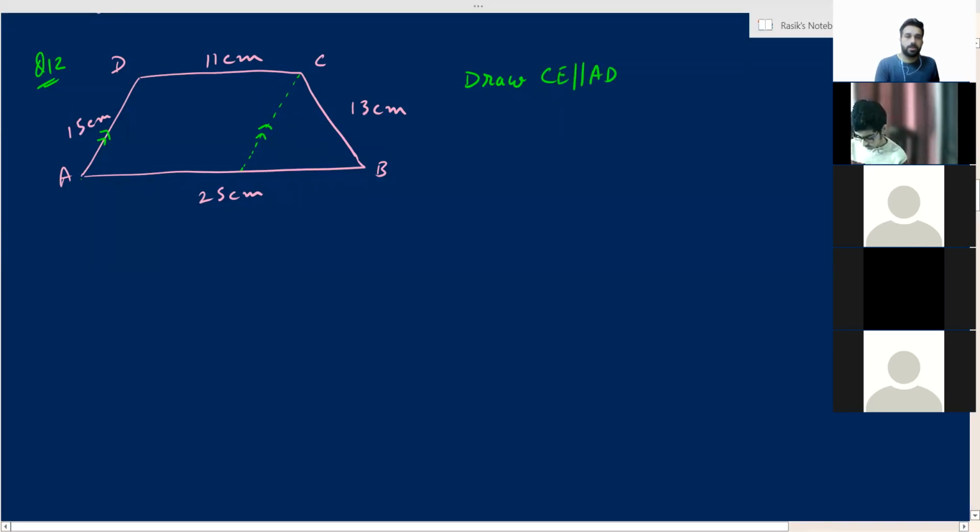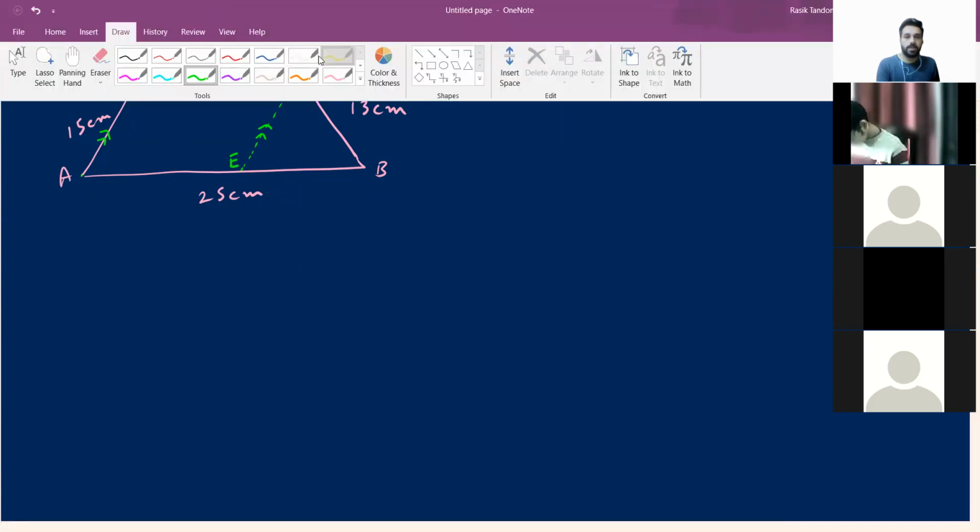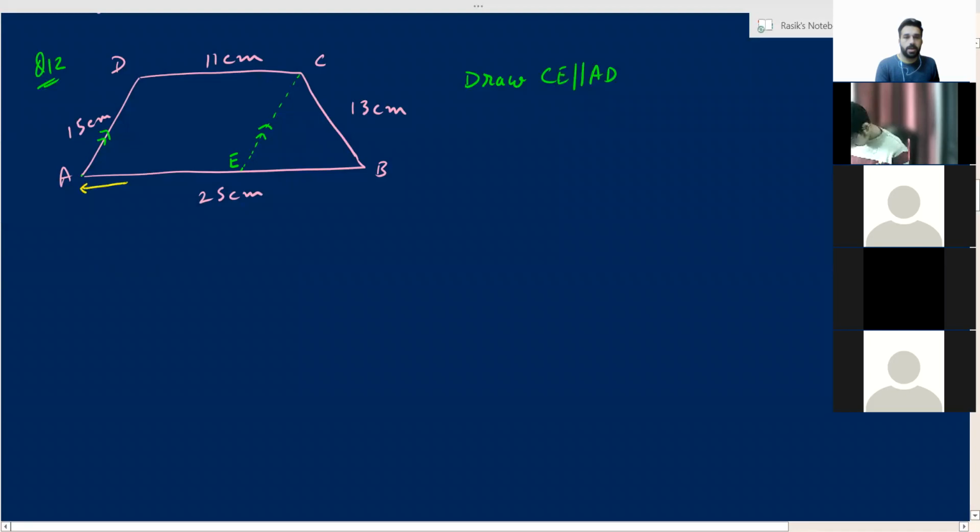Now, because CE is parallel to AD, this is point E, we can say that the length AE is also 11 centimeters because these are opposite sides. AECD is now a parallelogram. Both pairs of opposite sides are parallel. CD is parallel to AE and CE is parallel to AD. Therefore, AECD is a parallelogram.